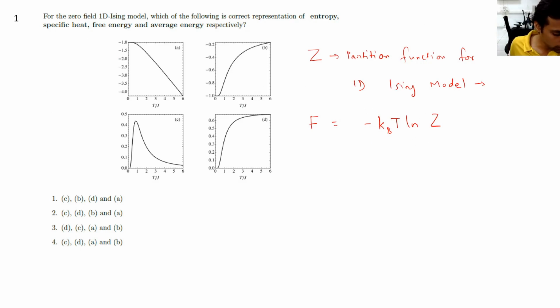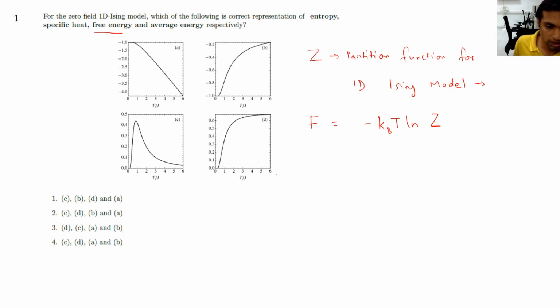Once you get the partition function, you can calculate all these quantities. So the free energy is given as minus kBT log of the partition function. This is how you get the free energy.